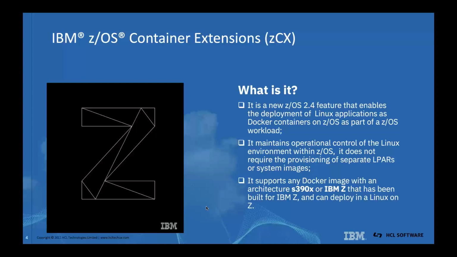As part of workload automation, we deliver the workload automation containers, all three of them: the dynamic workload console container, the server container, and the agent container.